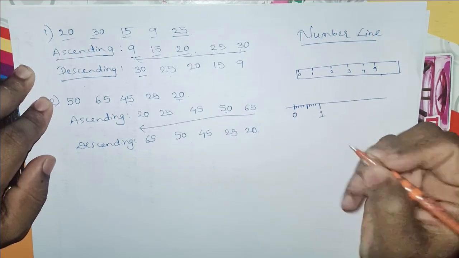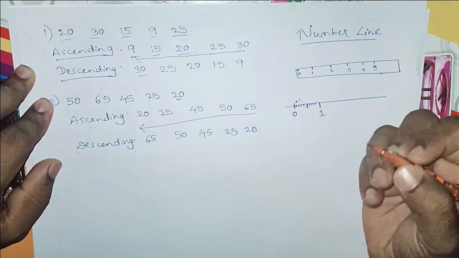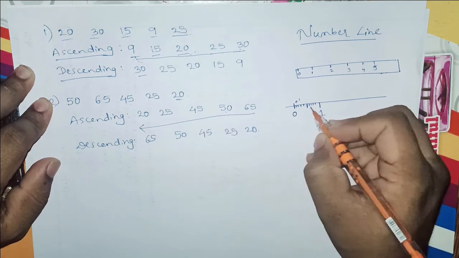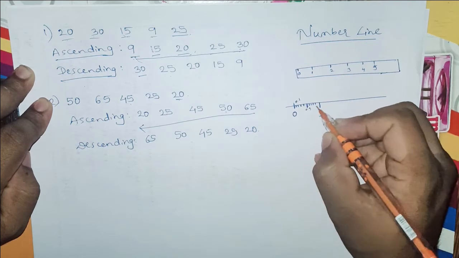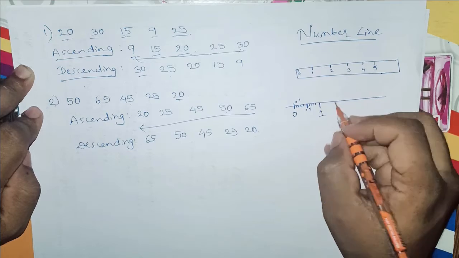So this one will be 1. Each point will be like 0.1. So it will be 0, 0.1, 0.2, 0.3, 0.4, 0.5. Then 0.6, 0.7, 0.8, 0.9, 1.